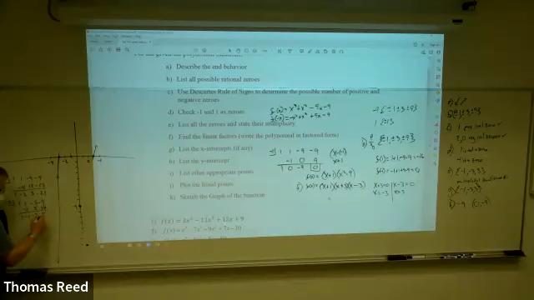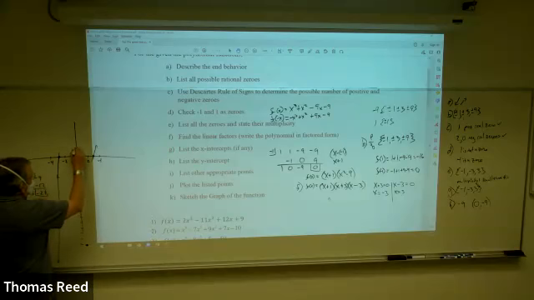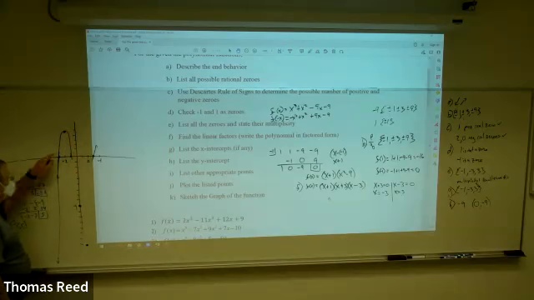And so that's going to be 5. So my remainder here is 5. So that's (-2, 5). So I go up 5, and I have this point here. So I know it goes up like this. And I'm going to make the assumption that this is its local maximum. It may or may not be, because we're just sketching the graph.